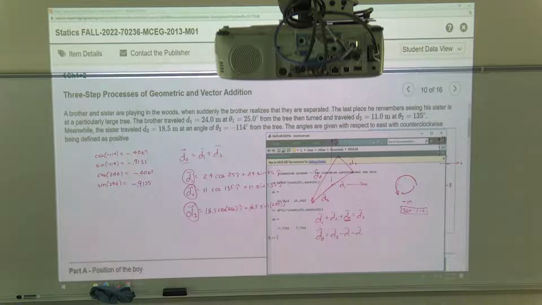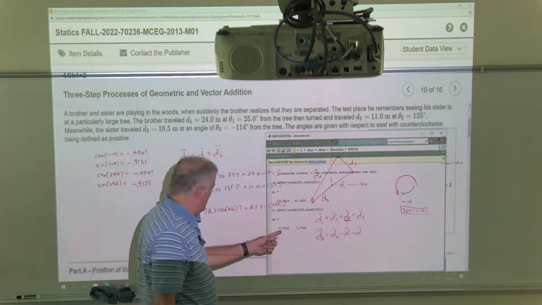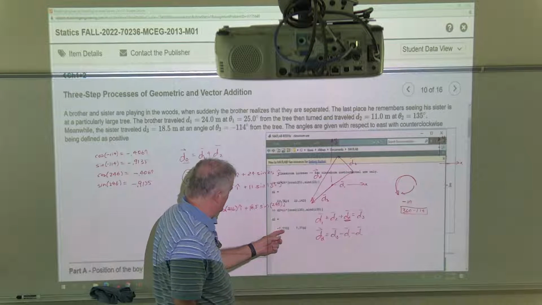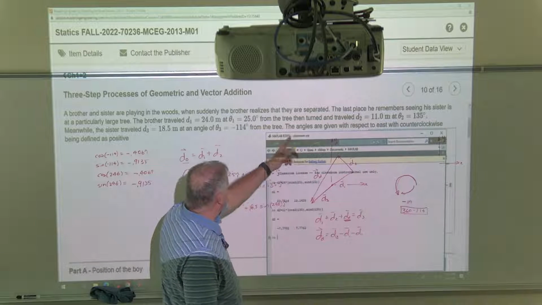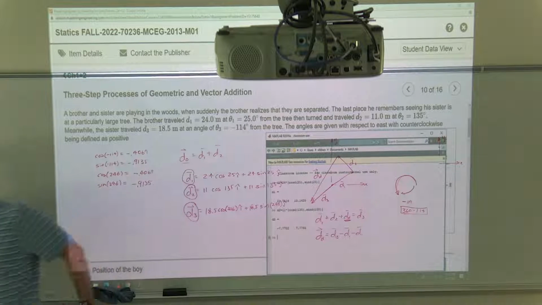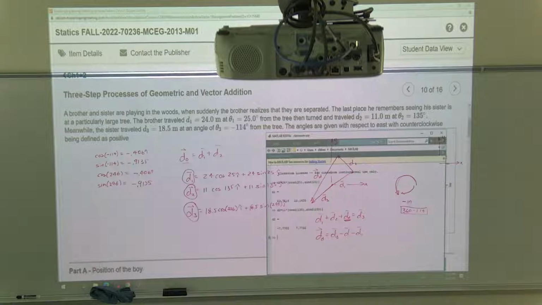Now, that's the one we had before. It went to the left 7 meters and up 7 meters. Let me move this over here so you can see it a little bit better with the picture.